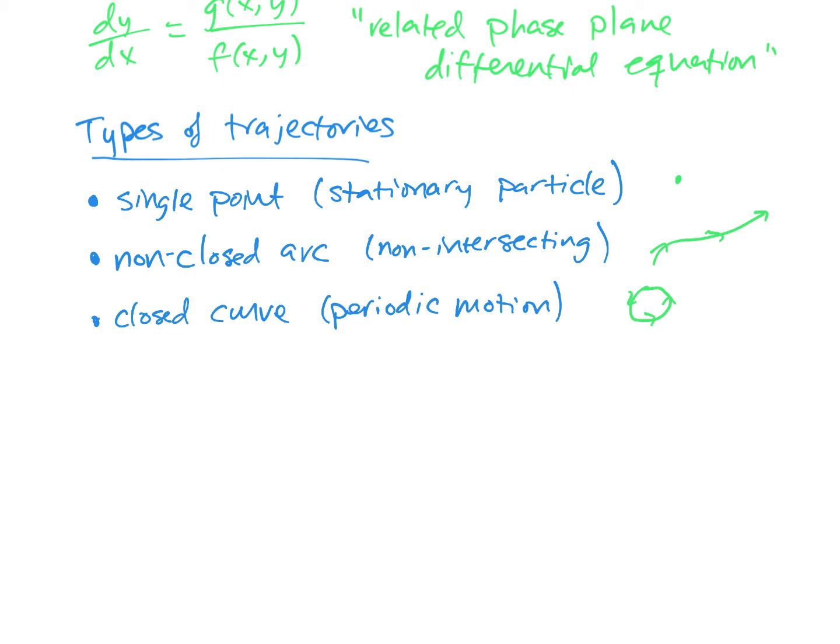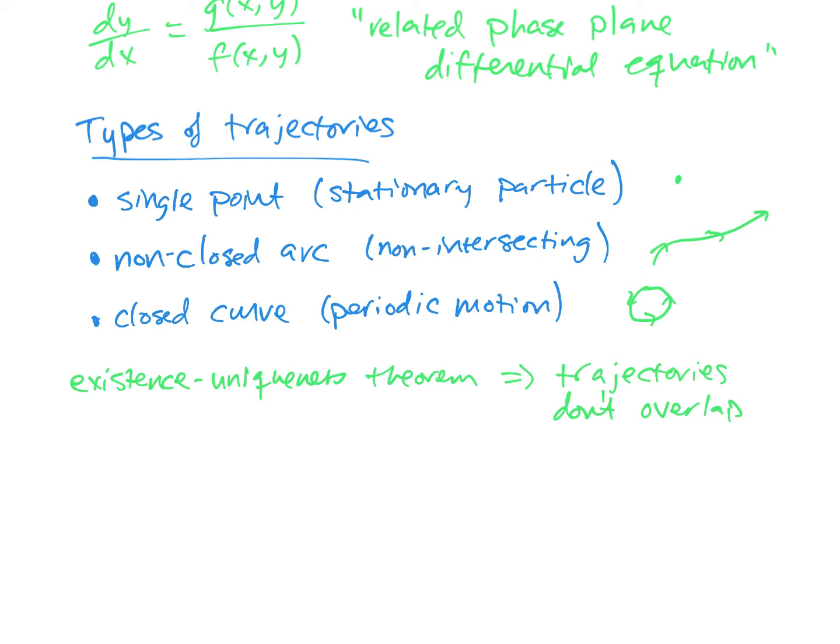And what's nice is that the existence and uniqueness theorem gives us, as long as you satisfy the conditions of it, that your f and g are continuously differentiable, that trajectories don't overlap unless they're exactly the same.